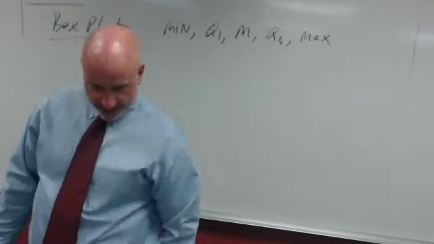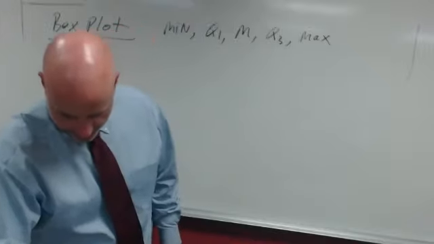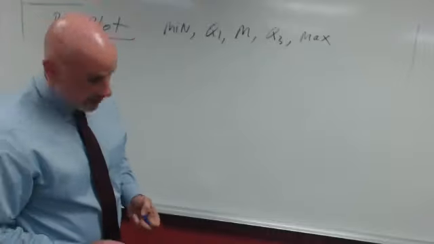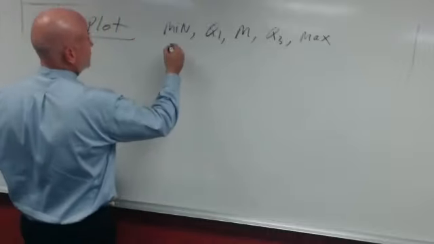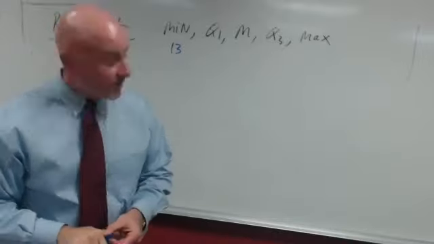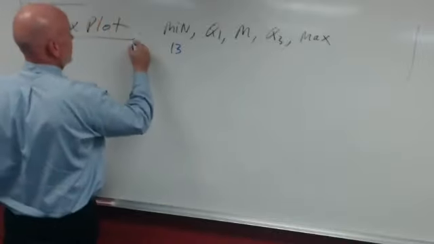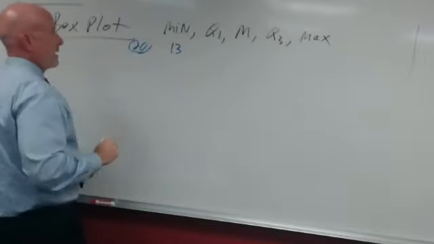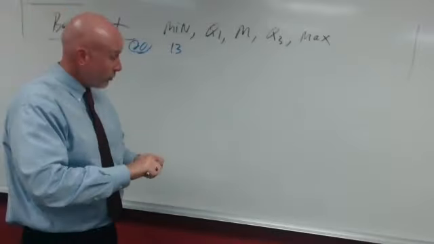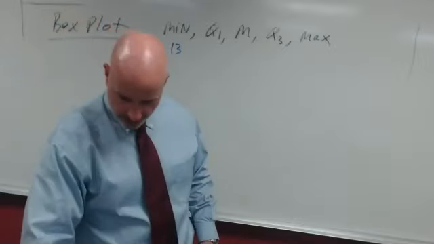So now Alex has a sample of 20 deliveries, and he has determined the following. The minimum value is what? 13. So we have a sample of 20, and the minimum time it took to deliver was 13 minutes.